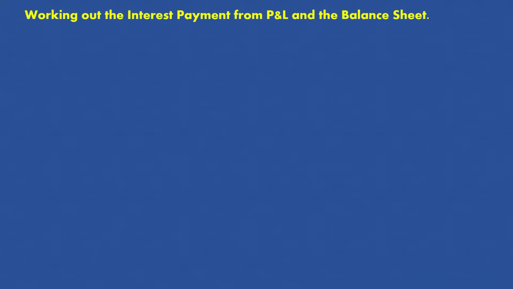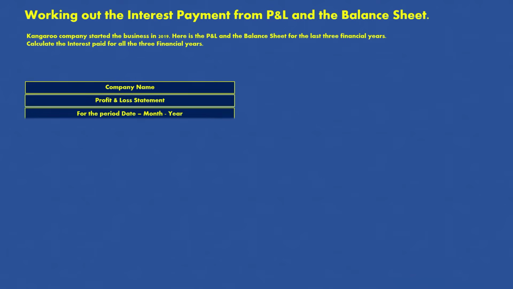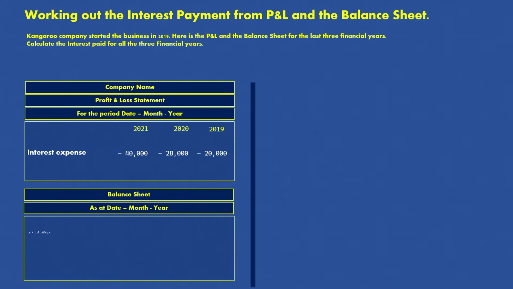So let us begin from there, and let us say Kangaroo Company started the business in 2019. Again, I want to ensure that we know the opening point, and the opening point is 0. And here is the profit and loss statement, and here is the balance sheet of the company. So these are the values that are available in P&L and balance sheet.